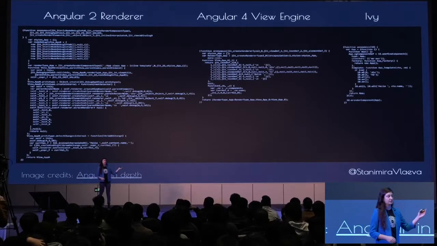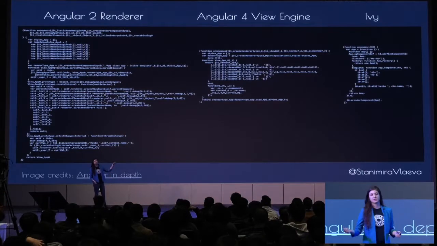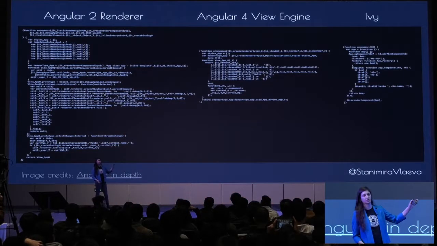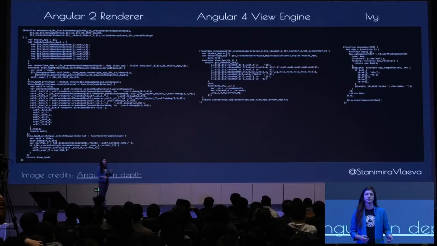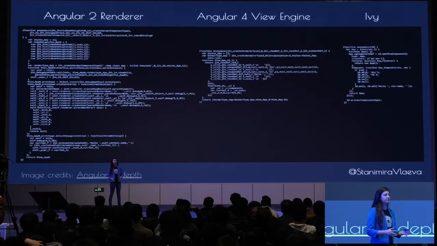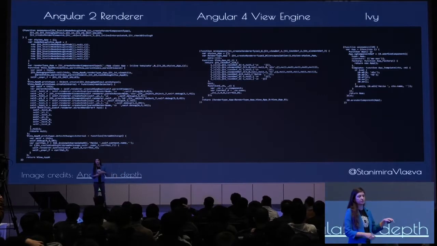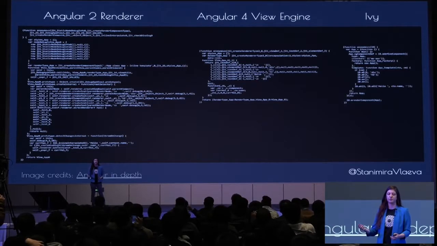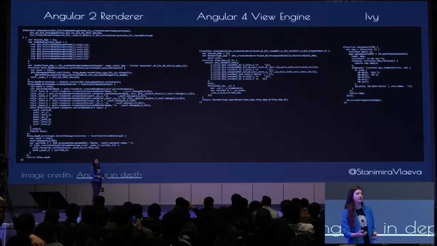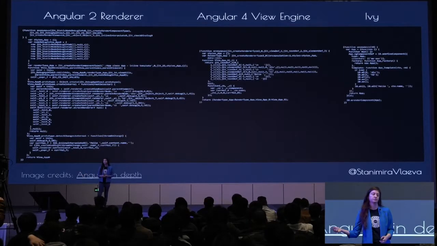Ivy, which is going to be the next renderer that we're going to talk about today, as you can see, generates really short instructions from our component. And these instructions are really declarative. If we have time, we're going to take a look at the instructions, and we're going to see that it's really clear what is happening, how the renderer builds our component into HTML.